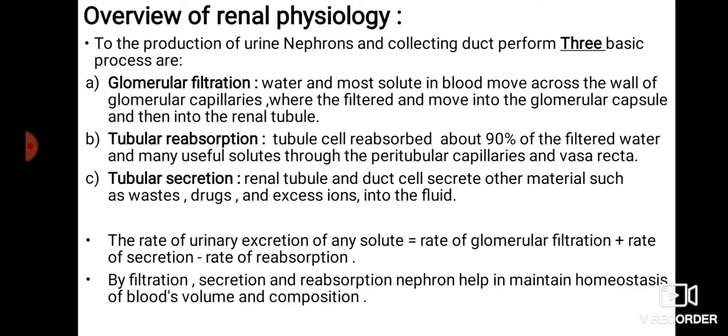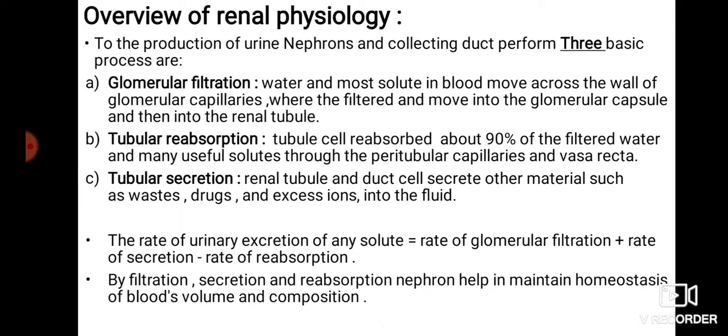Tubule cells reabsorb about 90% of the fluid, water and many useful solutes, through the peritubular capillaries and the vasa recta.